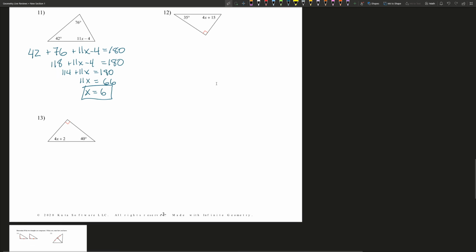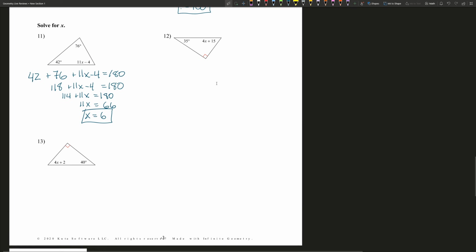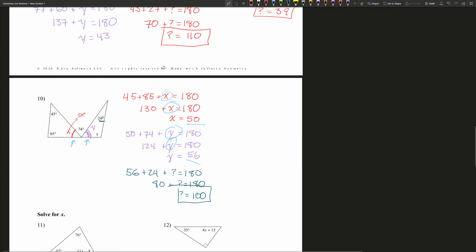The solve for x problems should look like number 11 through 13. And if it didn't, instead of 45 degrees or instead of a question mark, it might be like 11x plus 3.